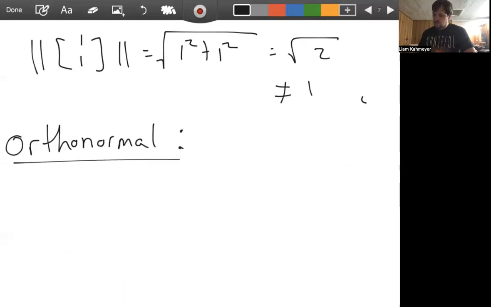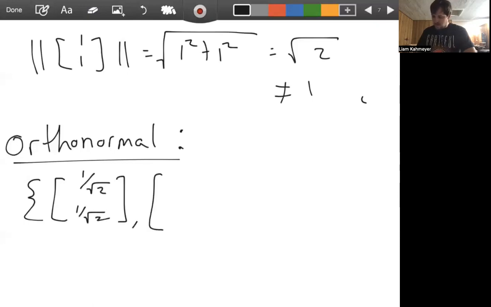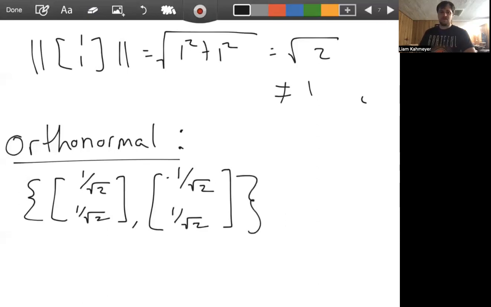An example that's orthonormal would be, let's see, what did I use? (1 over root 2, 1 over root 2) for the first vector, and then (-1 over root 2, 1 over root 2). So let's consider this set here.